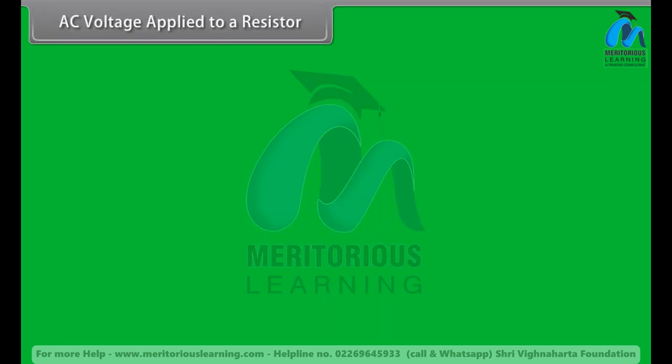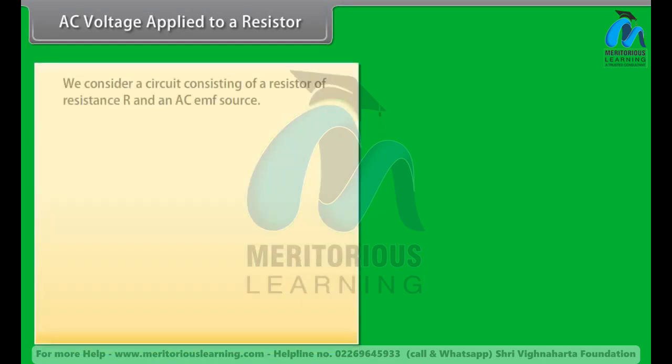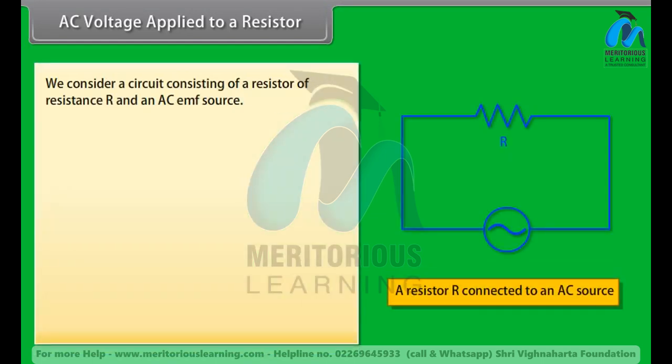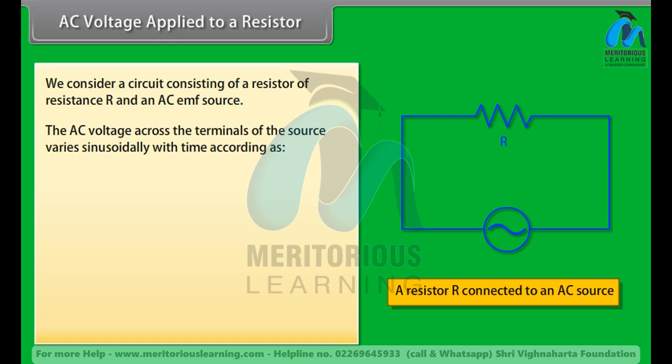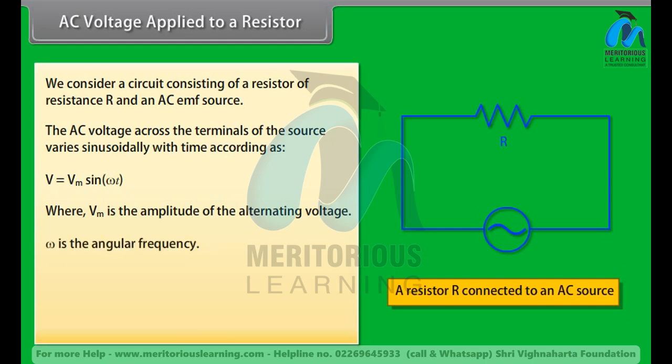AC voltage applied to a resistor. We consider a circuit consisting of a resistor of resistance R and an AC EMF source. The AC voltage across the terminals of the source varies sinusoidally with time as V = Vm sin ωt, where Vm is the amplitude of the alternating voltage and ω is the angular frequency.